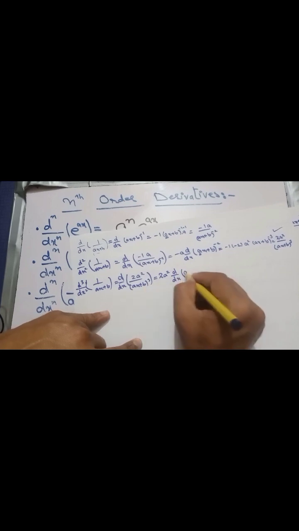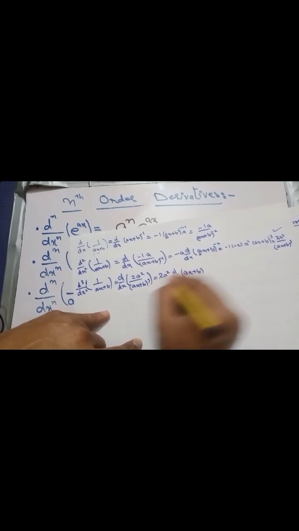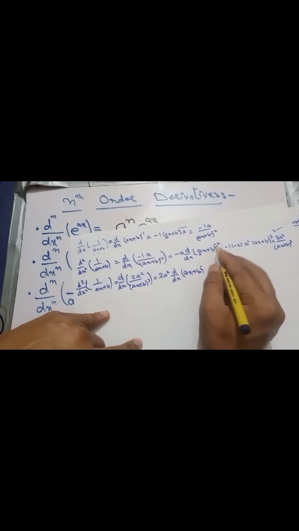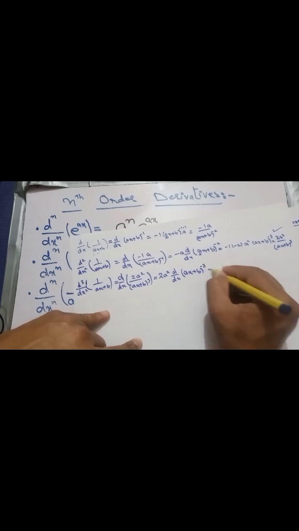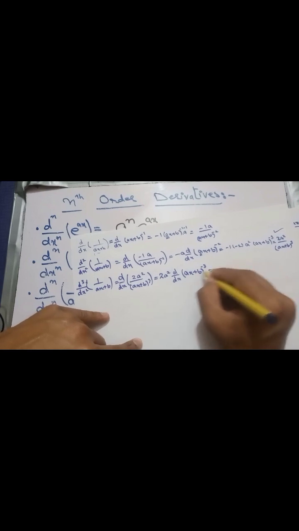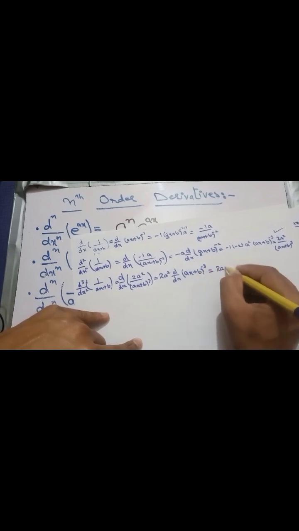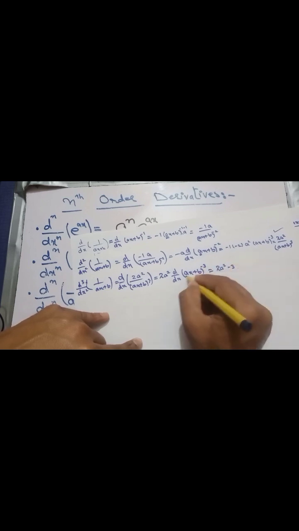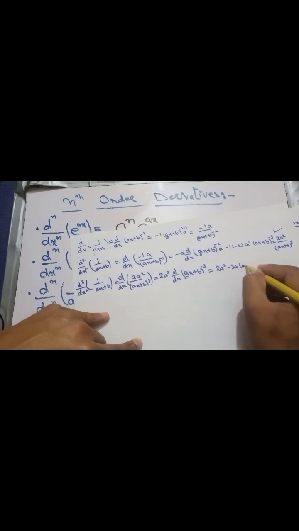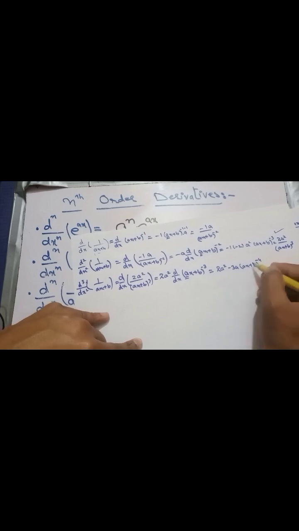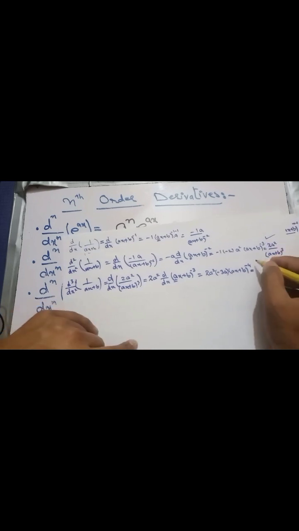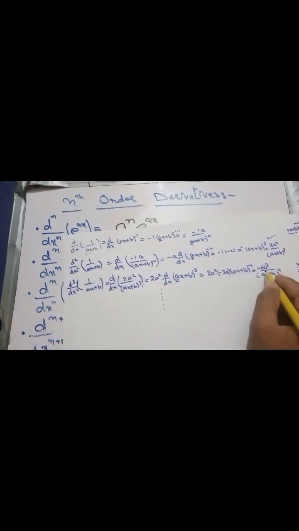D over dx of (ax plus b) power minus 3, and when we take it as a numerator we take minus 3. The answer will be 2a square, and applying the power rule, minus 3, a and (ax plus b) power 4. So that is the third derivative.